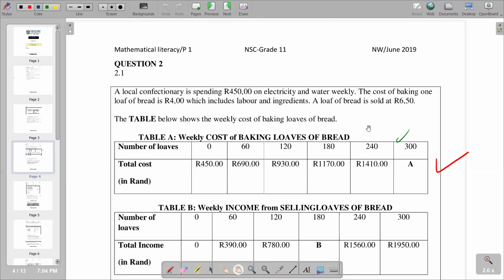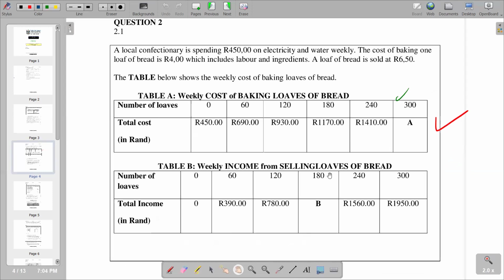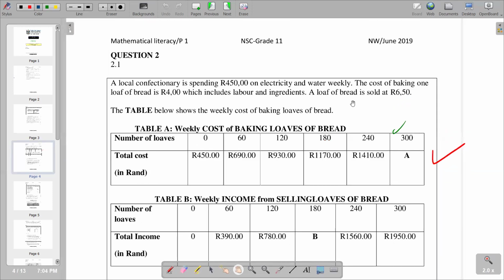So to get the income for 180 loaves, we're just going to say 180 times 6 rand 50, as simple as that.